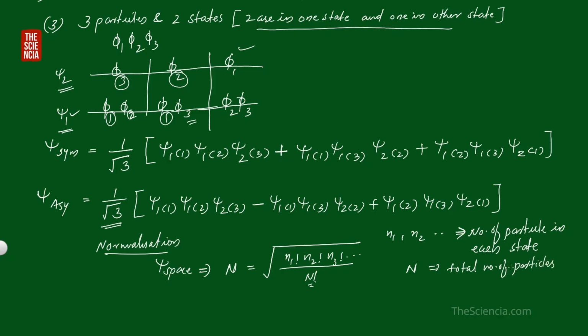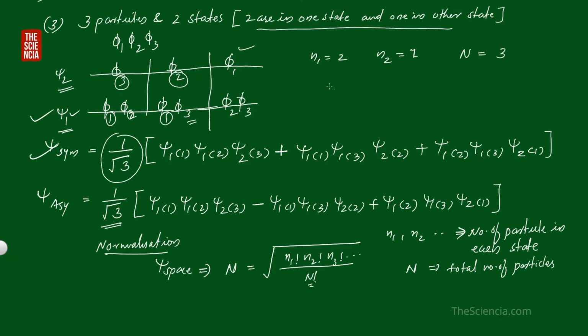Now let us consider this wave function as an example. So we got a normalization constant as 1 by root 3. Here, what is the number of particles? So n1, that is 2 particles. In the state psi 1, there are 2 particles, right? And in the second state, n2, only 1 particle. And the total number of particles, capital N, is 3.